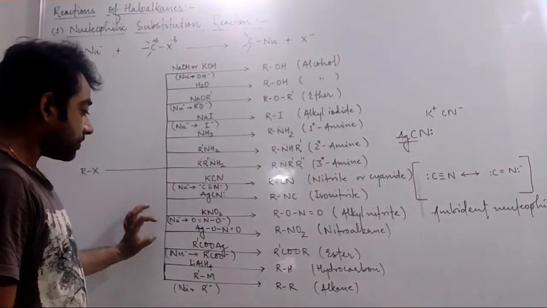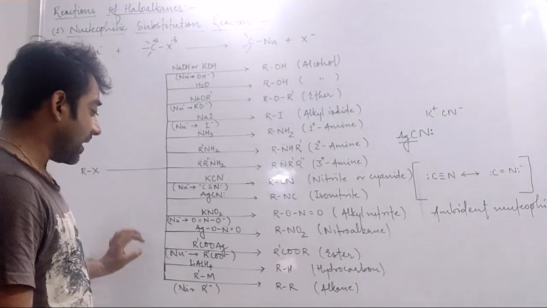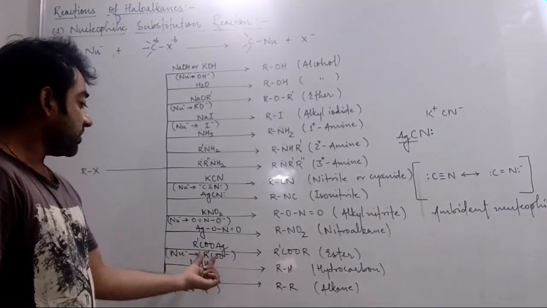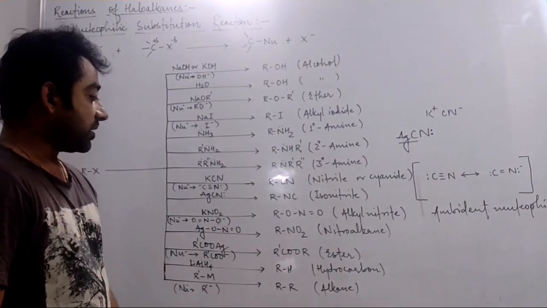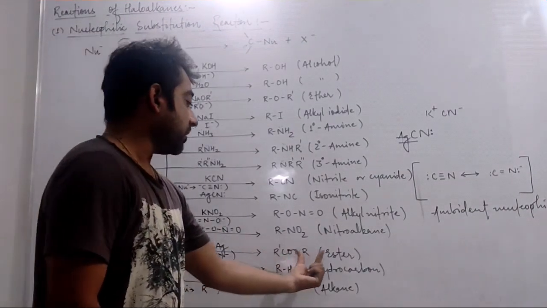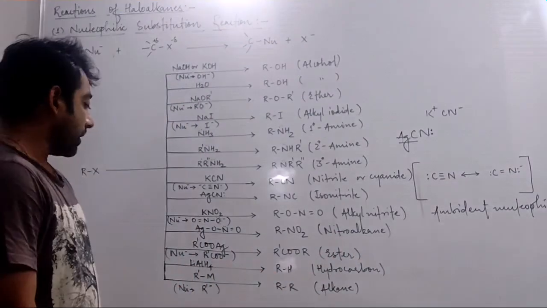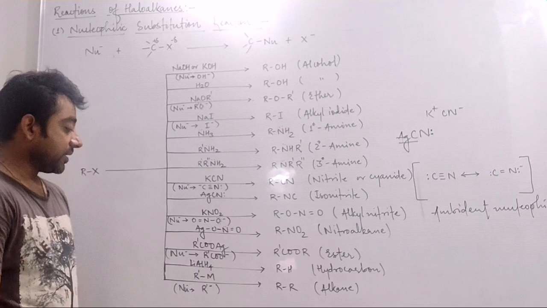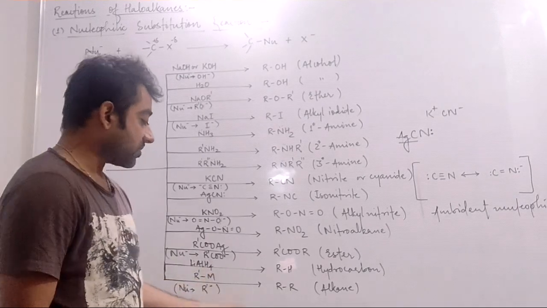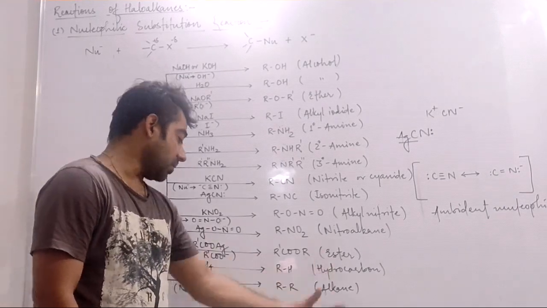Next is silver carboxylate can act as a nucleophilic reagent. इसमें से आपको carboxylate ion nucleophile मिलता है, and on replacing halogen you will get an ester. Lithium aluminum hydride can act as a nucleophilic reagent, and hydride ion इसका nucleophile होता है, that gives hydrocarbon.